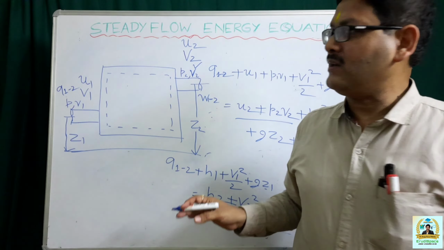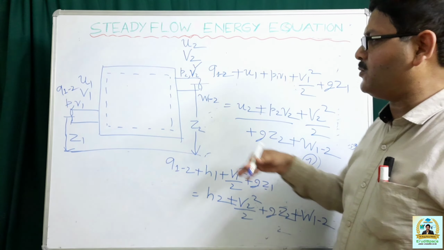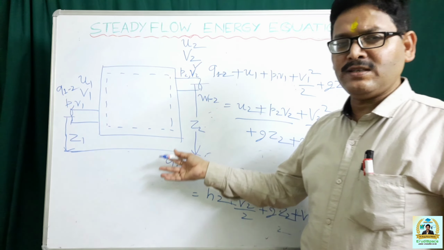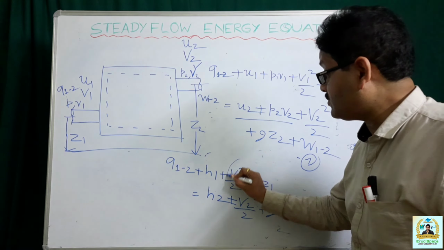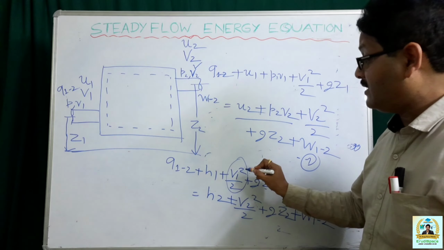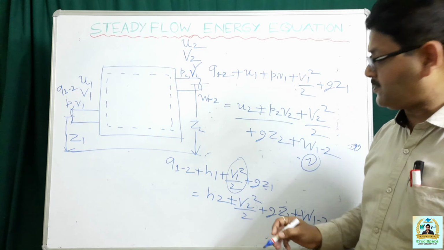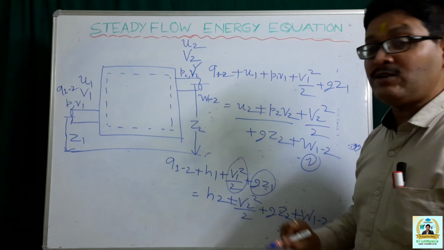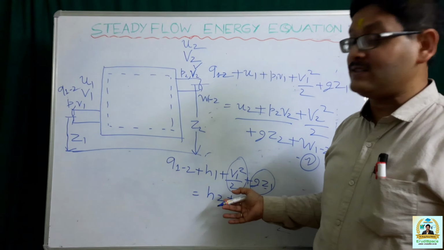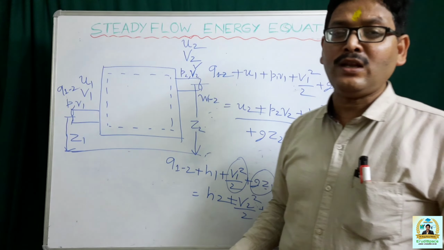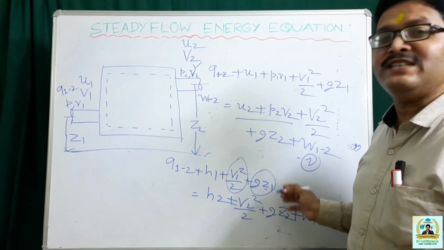And you need to remember that here we are considering the unit mass of substance. If you consider m kg mass, then you have to multiply m with this. Don't get confused that this is being represented by V square by 2, because here we are considering unit mass of the substance. Usually when we represent the kinetic energy or the potential energy, the usual terms are mV square by 2 and mgz.